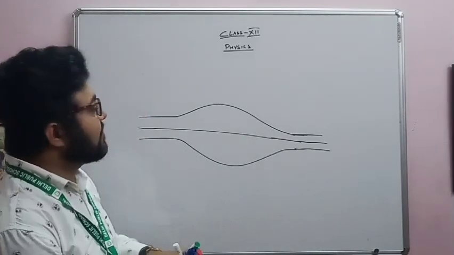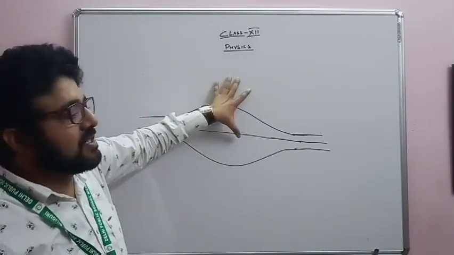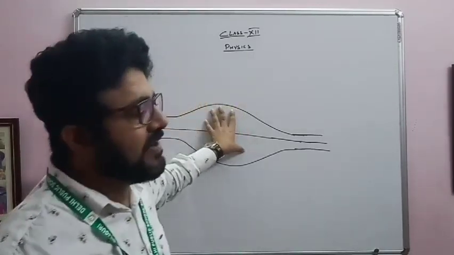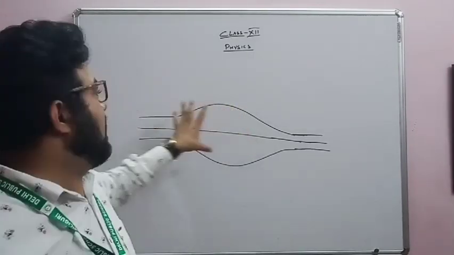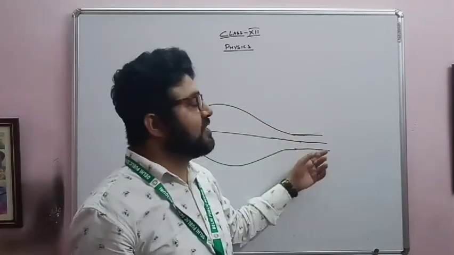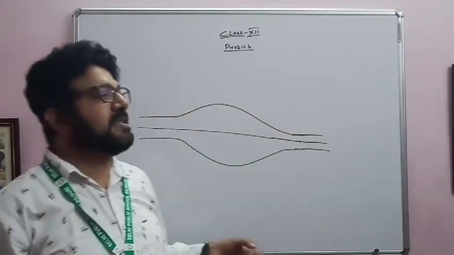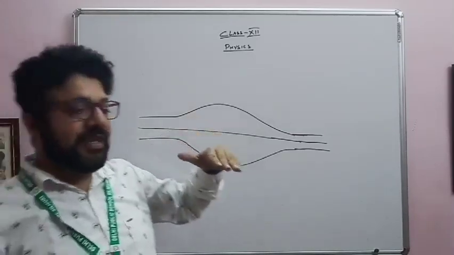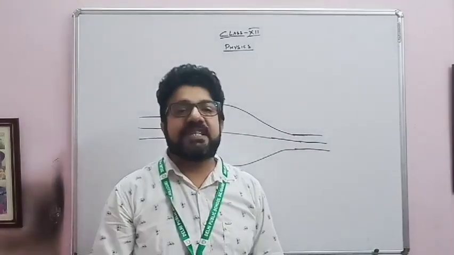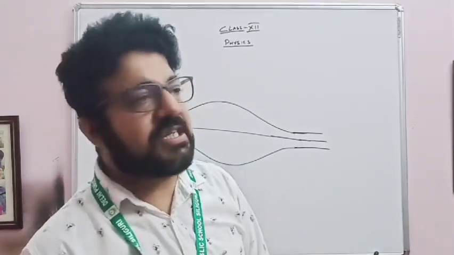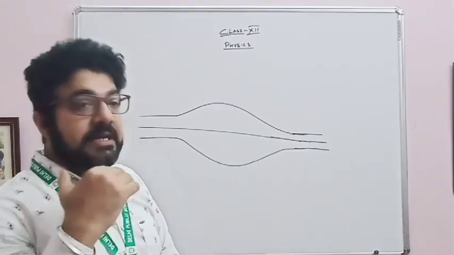If electric field lines are moving away from each other, that is the weak zone, meaning the electric field strength is weak. And here they are very near to each other, so the electric field is strong. So the property is that if the electric field lines move away from each other, electric field strength decreases, and if they move very close to each other, then electric field strength increases.